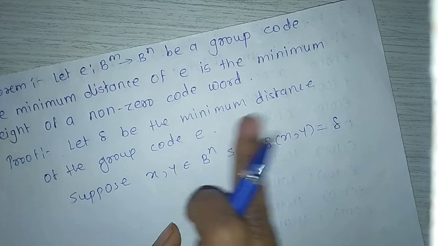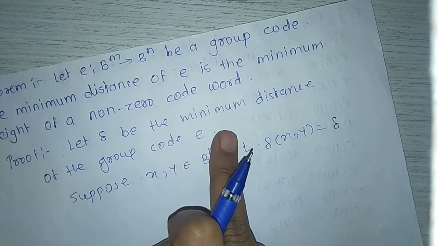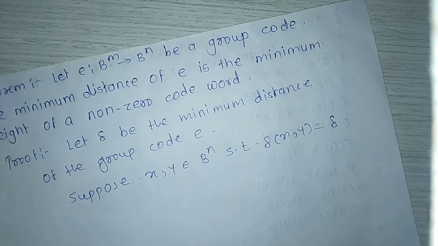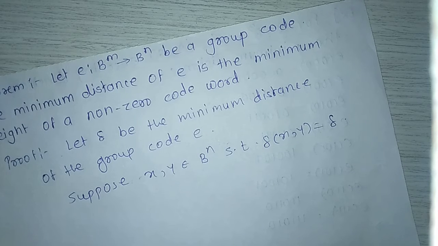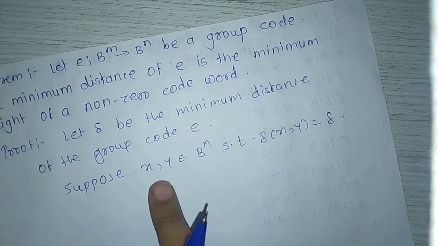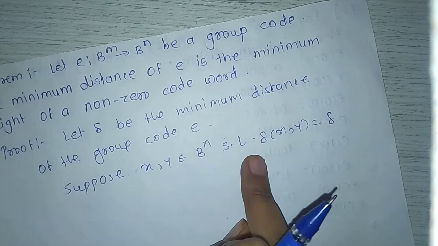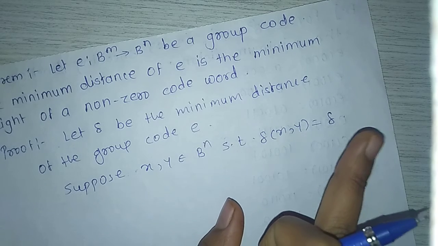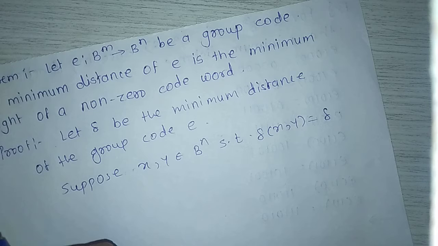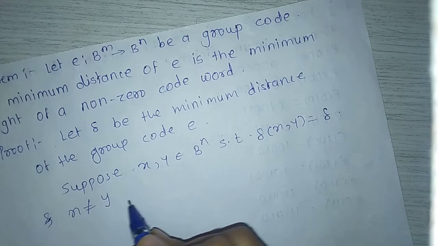Here delta is the minimum distance of the group code E, means delta is the minimum of all the weights of the code words. Suppose x, y belongs to B raised to n such that delta of x y equal to delta and x is not equal to y.